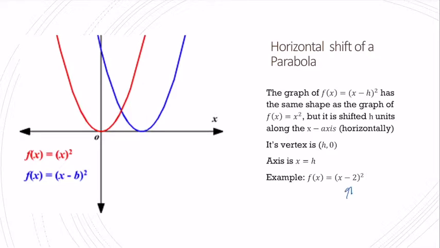It's our graph, but instead of shifted to the left 2, it's shifted right 2. That means my new vertex is when x is 2, y is 0, and my axis of symmetry is when x is 2.